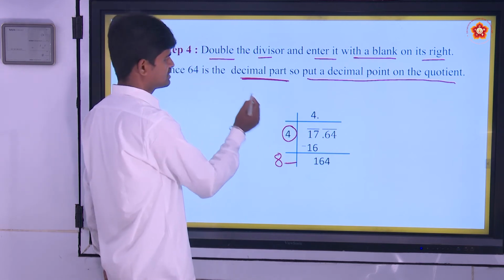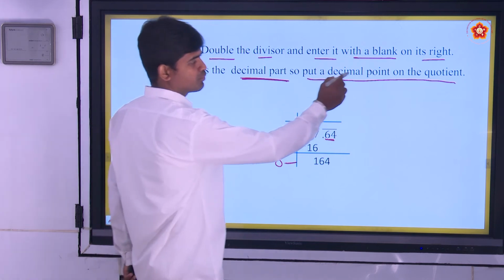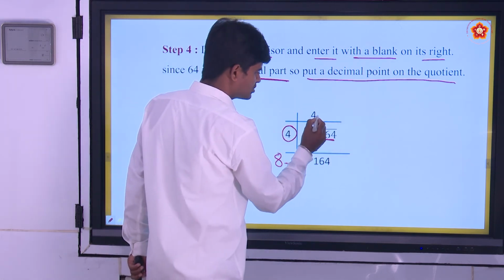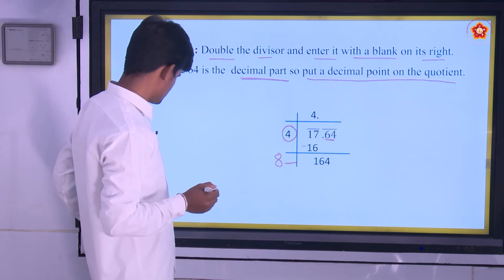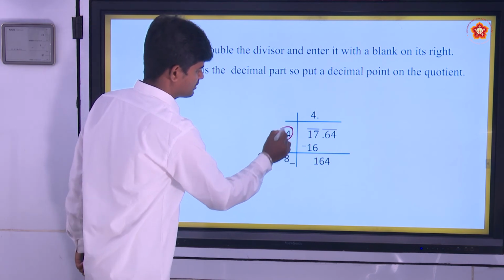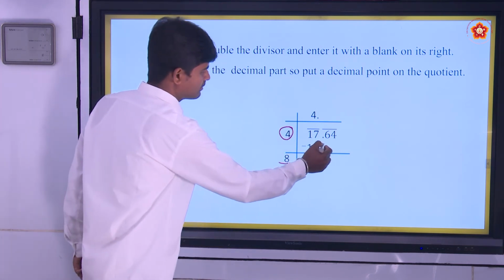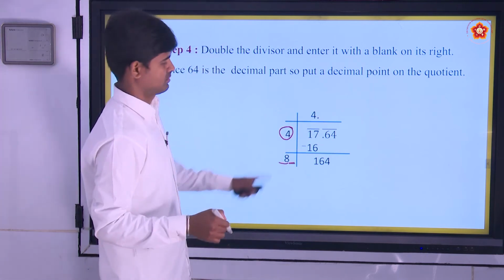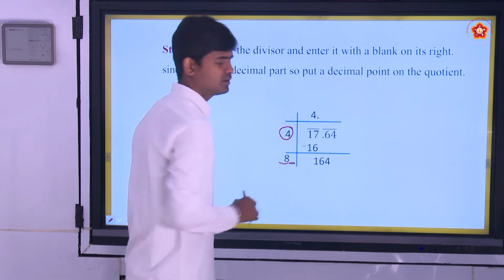Since 64 is in the decimal part, you have to put a decimal point on the quotient.